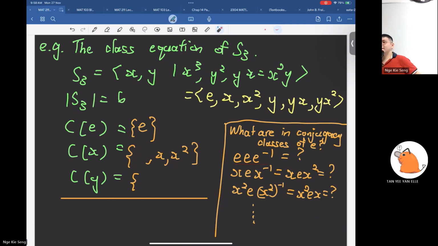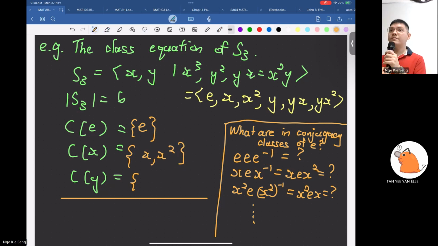No. Why? Otherwise, these orbits don't partition the set. Are there any other elements here? No. Okay, let's keep it like this first.